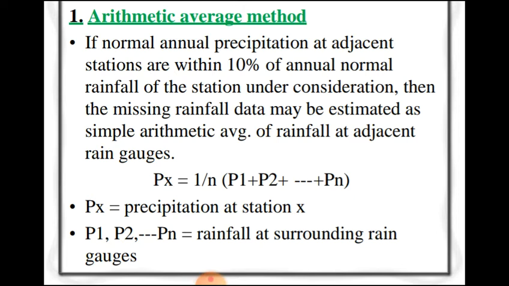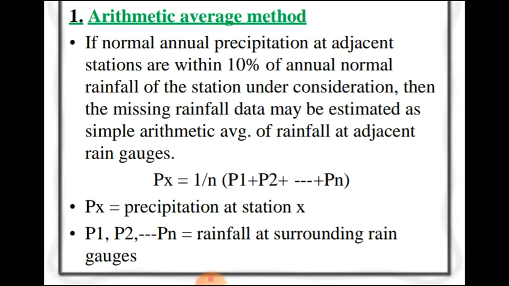If you are missing precipitation at that station on May 18, we can estimate it based on the precipitation on that day for all the gauges and their normal values.